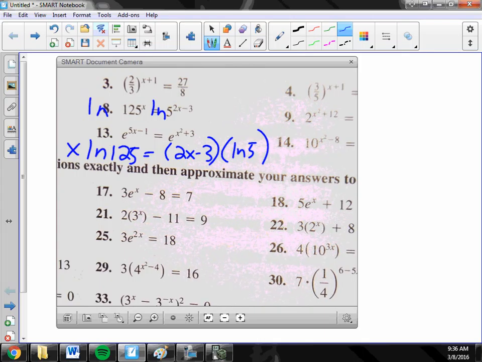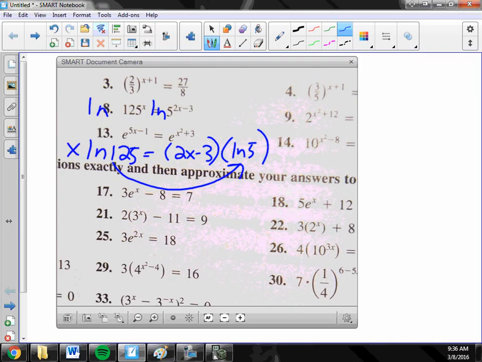How would you move the x's together? Divide by. So if I divide this way, 125 to what power is 5? It would be 1/3. But if I divide the other way, 5 to what power is 125?